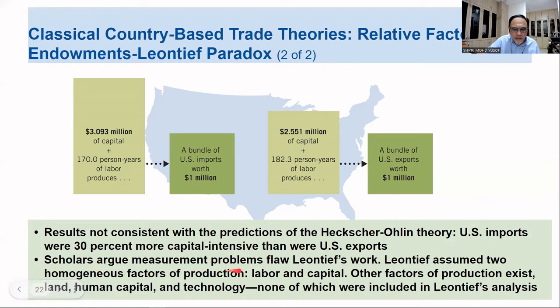Scholars argue there were measurement flaws. Leontief assumed two homogeneous factors of production, labor and capital, whereas other factors of production exist. So the measurement probably has some error. Human capital, technology, all these are other factors of production which were not included in Leontief's analysis.